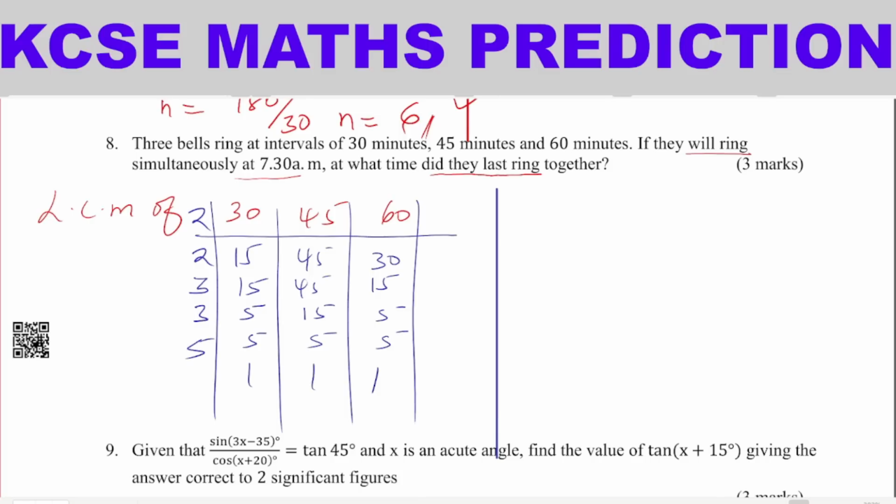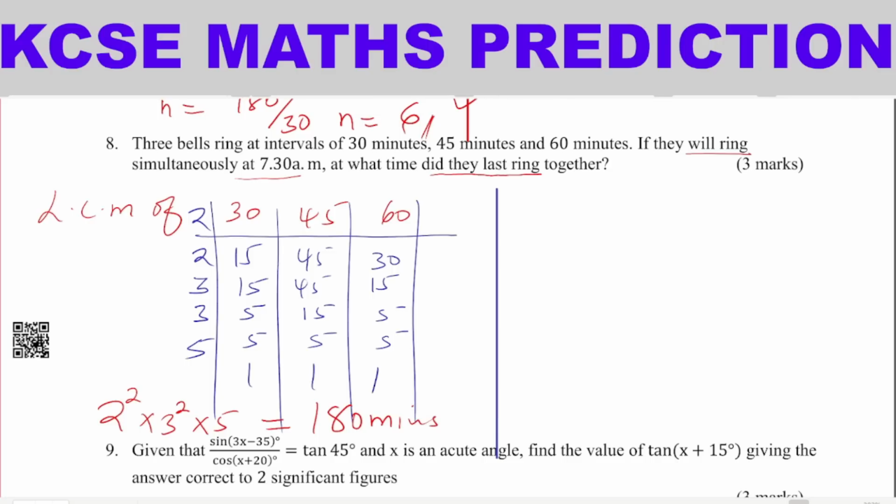So this will give us the interval in which they ring together. We get 2 squared times 3 squared times 5, and this will give us 180 minutes. That is the interval in which these bells ring.